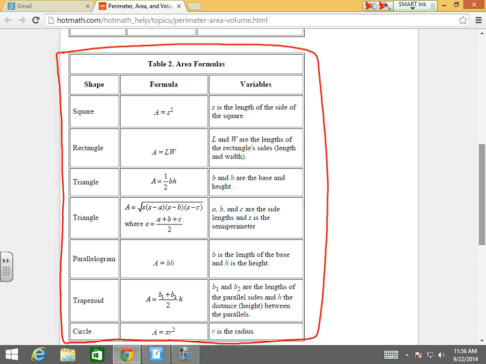Memorize them. Don't worry about this guy either. This is a little bit more advanced. We'll get to that later on in the year. But do memorize the square, rectangle, triangle, parallelogram, trapezoid, and circle areas. So again, please hit pause, write these down, and memorize them.